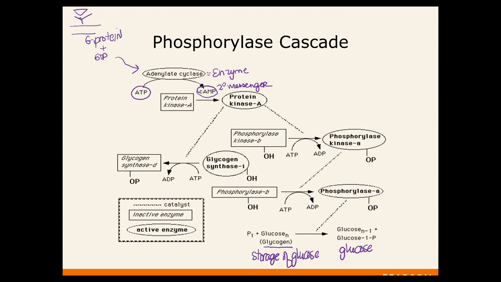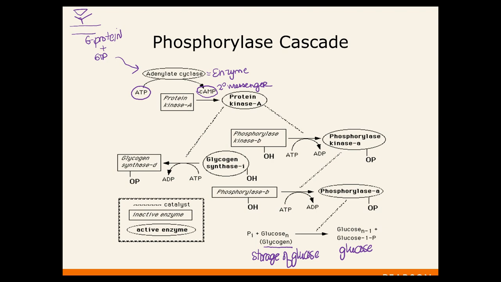Okay, so let's go back up then. Our hormone binds, G protein is activated, GTP binds to it, and in that phosphorylation event, adenylate cyclase is active. It converts ATP to cyclic AMP, and then things start to really happen.